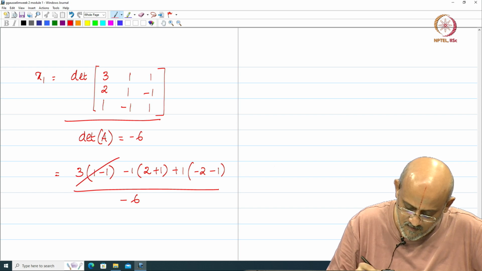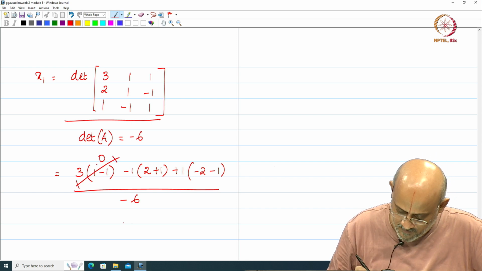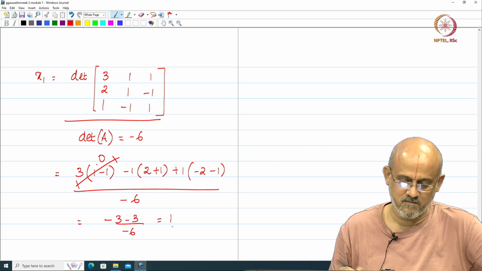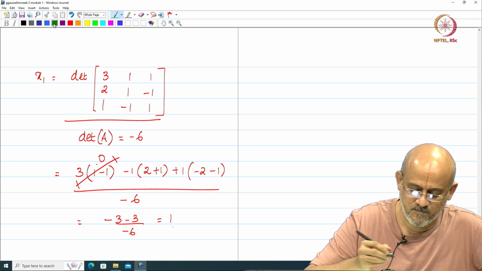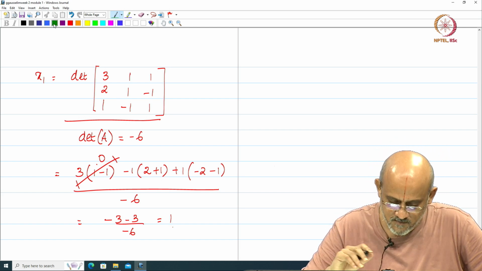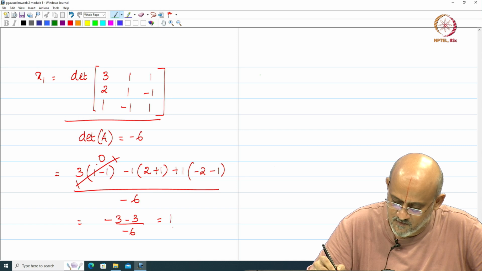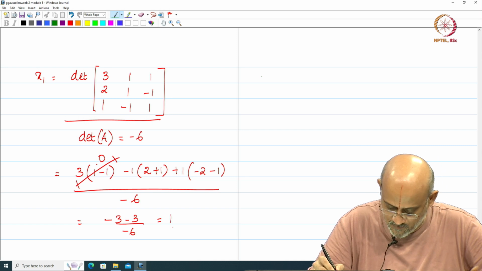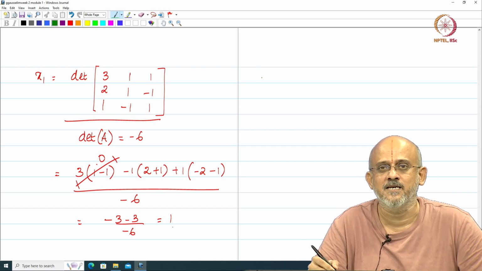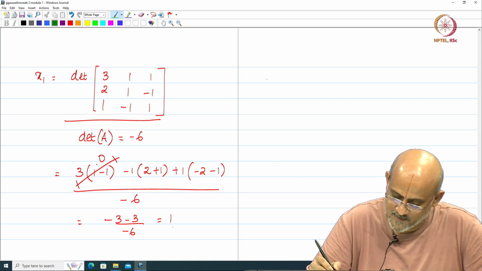So, this gets knocked off, that is 0, and we are going to get minus 3 by minus 6, which is plus 1, right. The matrix that we took was pretty simple. We will do the same thing. So, the answer was like, I have chosen the matrix such that x1 is equal to 1, x2 is equal to 1 and x3 is equal to 1.